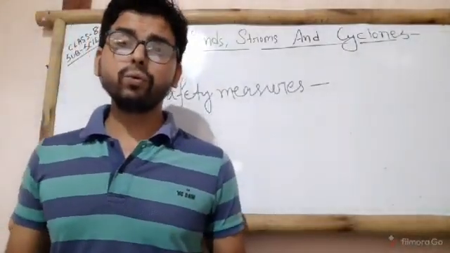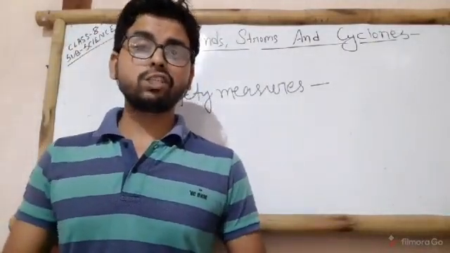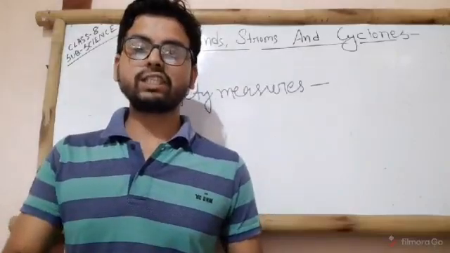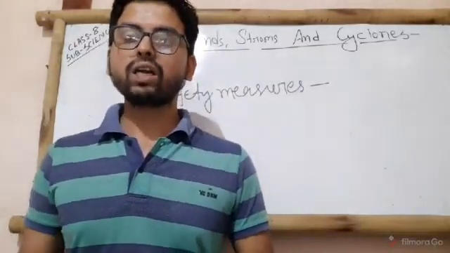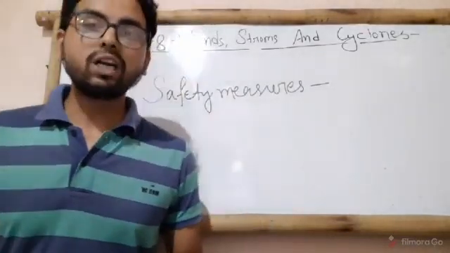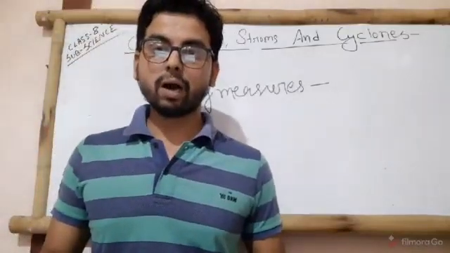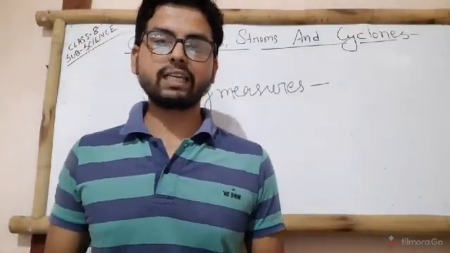Now, what to do if you are living in a cyclone hit area? Okay, first of all, the water in such regions can be contaminated. Hence, one should make sure the water is safe and only then drink it. Okay, and one should stay away from power lines and electrical switches of any kind, clear.